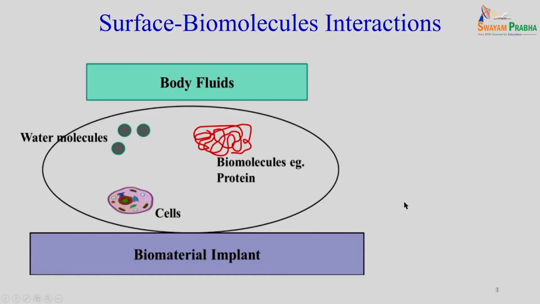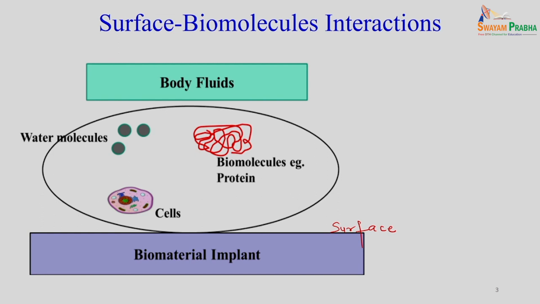Then what are the sequences in the host cell response, what are the different pathways for inflammation, and we will briefly discuss the different factors which affect the cell surface interactions. So, as I told, whenever a biomaterial comes into contact with body fluid, the surface of the biomaterial interacts with the body fluid.